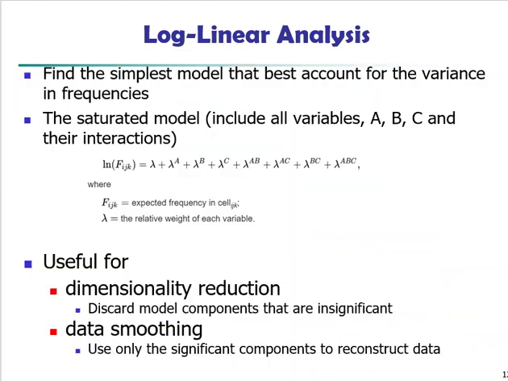Okay, so the log linear model, if we represent it in a mathematical way, the goal is to find the simplest model, and our model looks like this. So this is the intercept, and this is the contribution made by variable A, contribution made by variable B, C, so those individual variables, if we have 3 variables. And then we have 3 pairs of interactions.